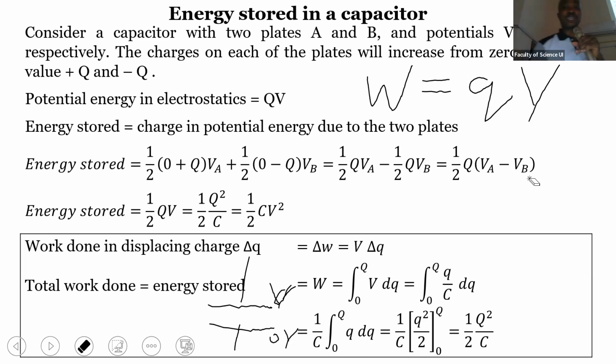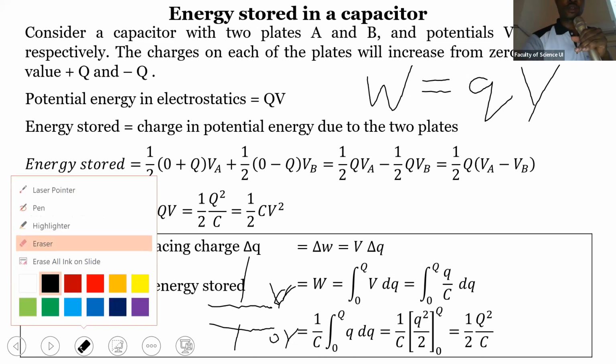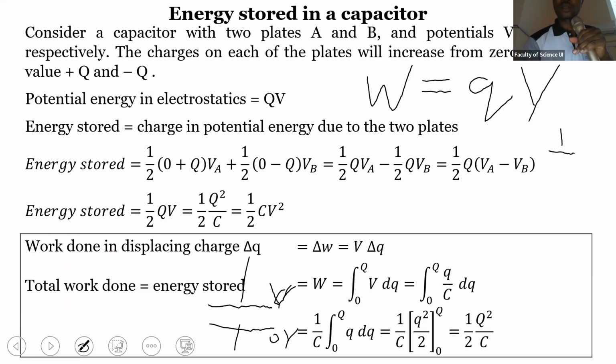VA minus VB can be reduced to ordinary V, so that will say half QV. V is the potential difference, which is the potential at A minus the potential at B, that is VA minus VB. And the energy stored is half QV.